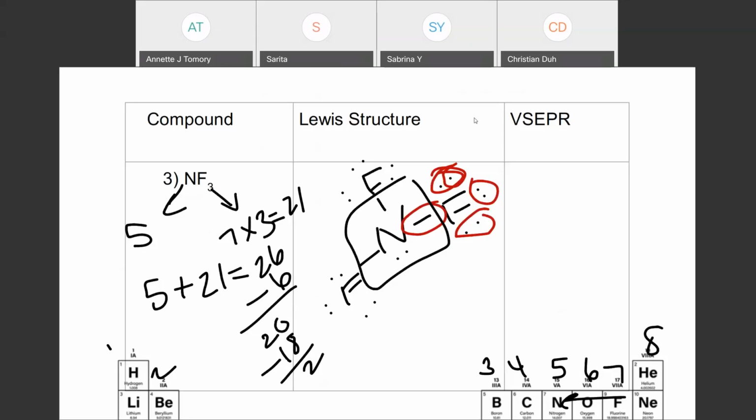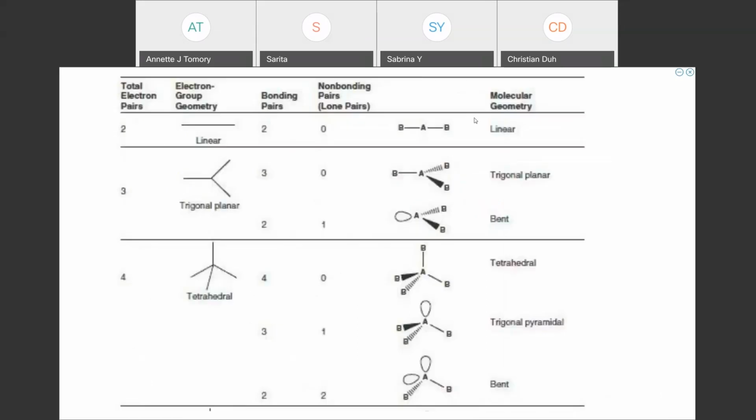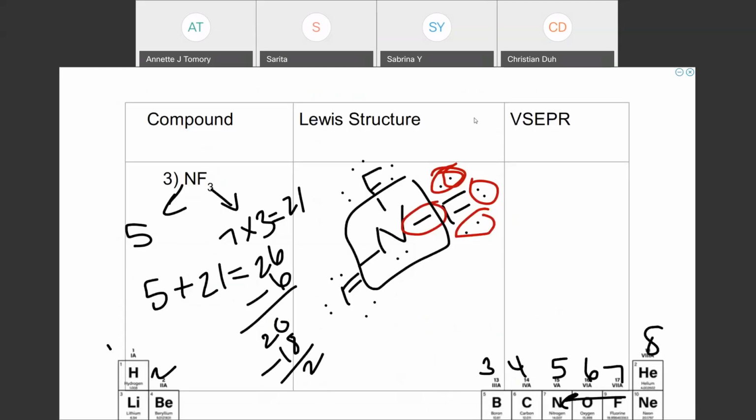All right, so how many bonds do I have? 3 bonds. Do I have any lone pairs? Yeah. I have 1 set of lone pairs. So look under the paper. We're looking for 3 bonds and 1 lone pair. Wait, which one was the lone pair? Right here is the lone pair on nitrogen. Okay, so we have 1 set.